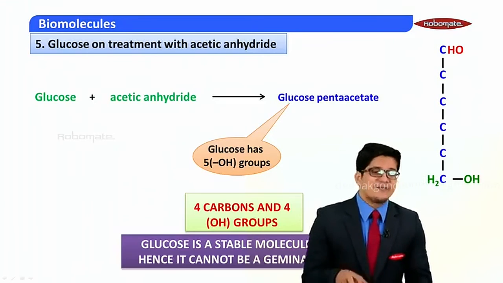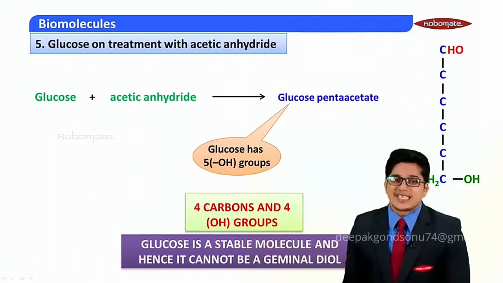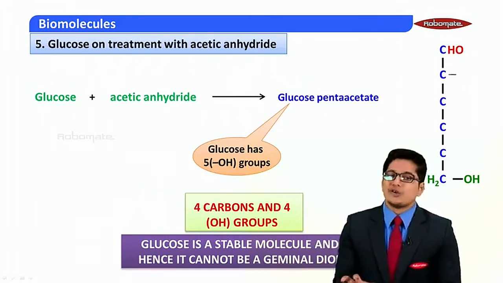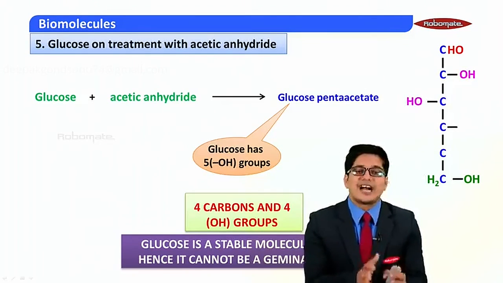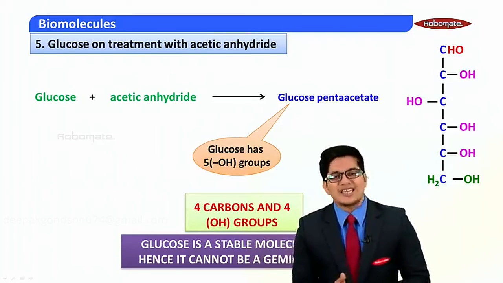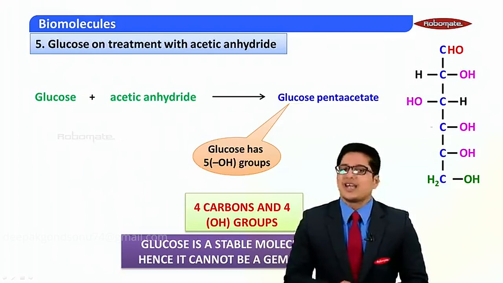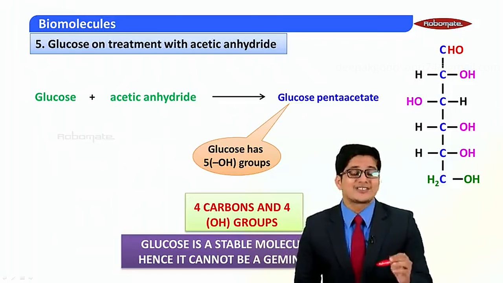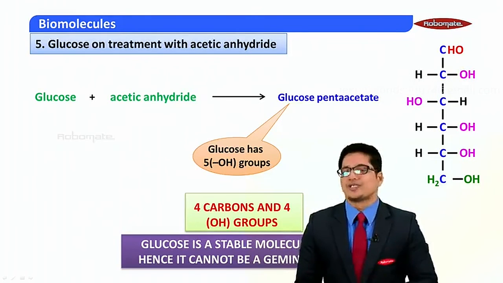Thus, we can definitely say that in this case, glucose has all the OH groups on different carbon atoms. And lastly, when we satisfy the valencies with hydrogen, we get the structure of glucose.